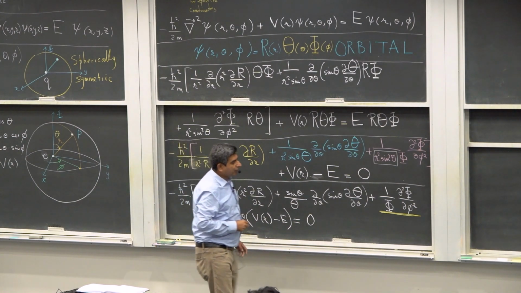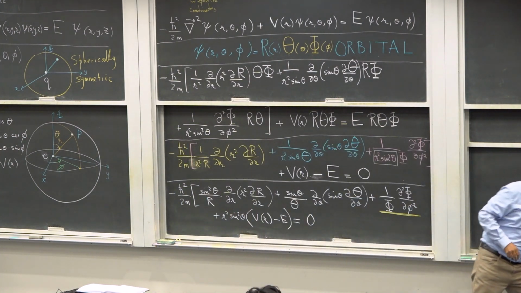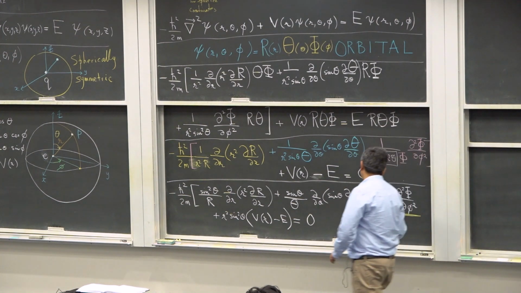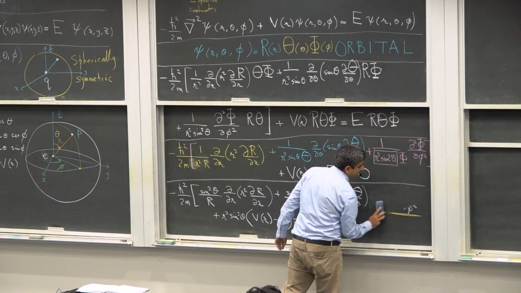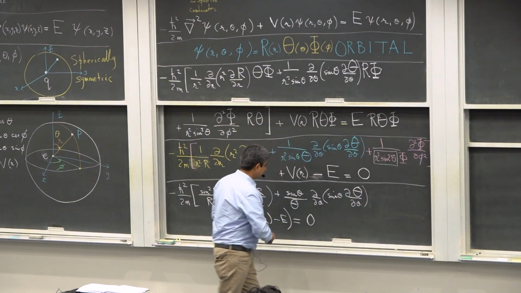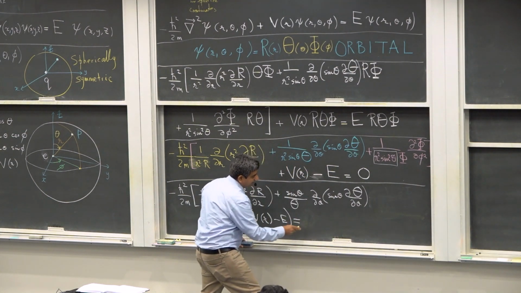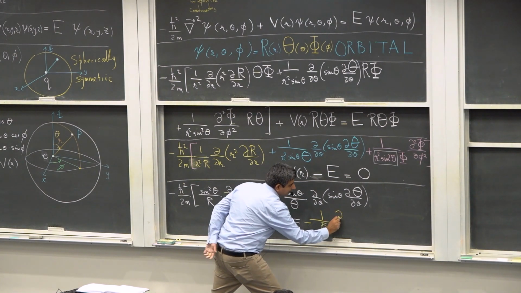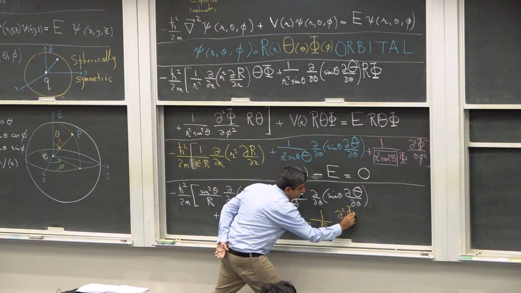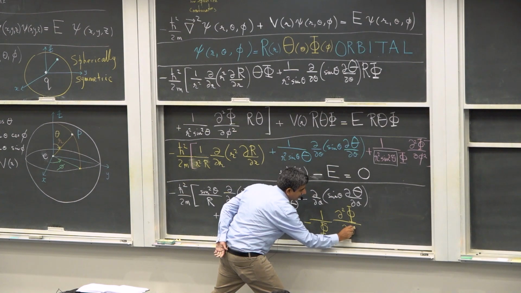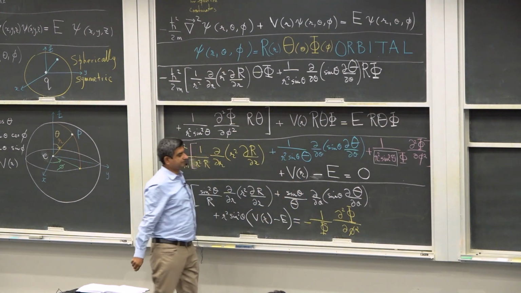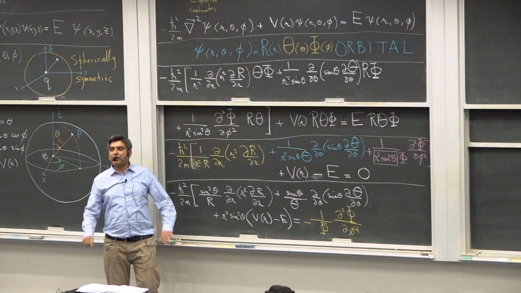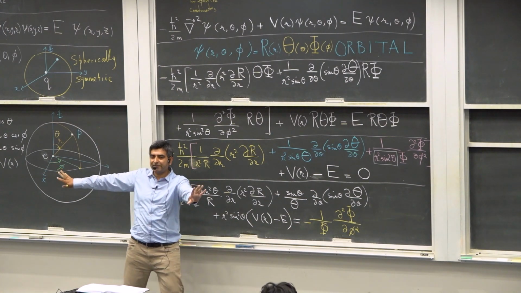Since I have the luxury of this erasure here, I just move this out from the left hand side and bring it here. Now I have a left hand side and a right hand side.